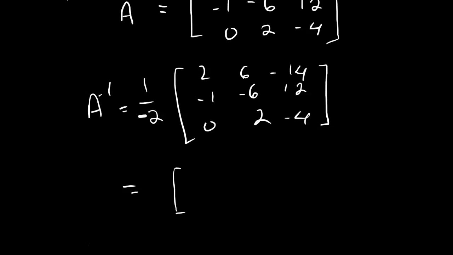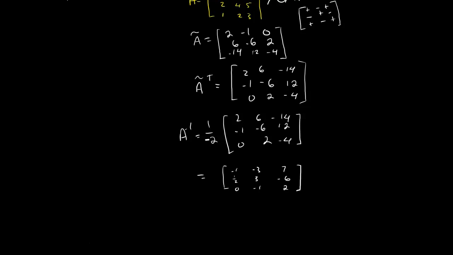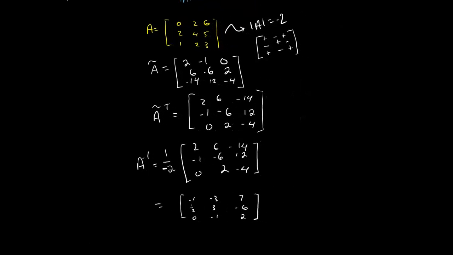So I could simplify this down to negative 1, negative 3, 7, a half, positive 3, negative 6, 0, negative 1, positive 2. So there is the inverse matrix that we can get without doing row reduction using our formula. So let me zoom out just so we can see the whole process that we went through in sort of a smaller form. And there you have it.